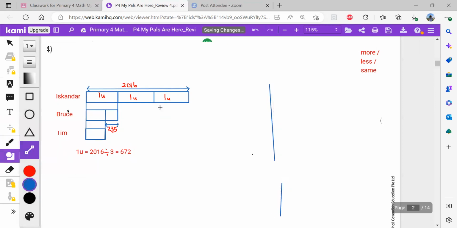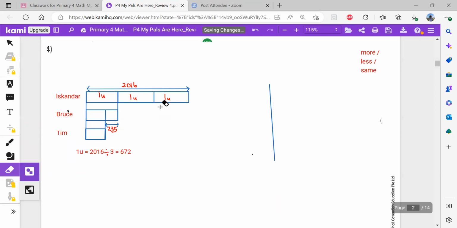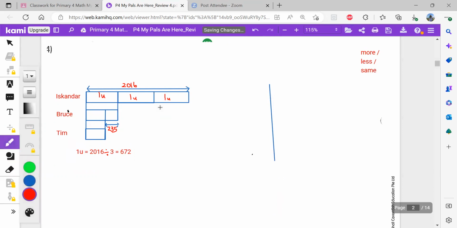You should do that working. Okay. So you should do 2016 divided by 3, right? You should do this. $672.